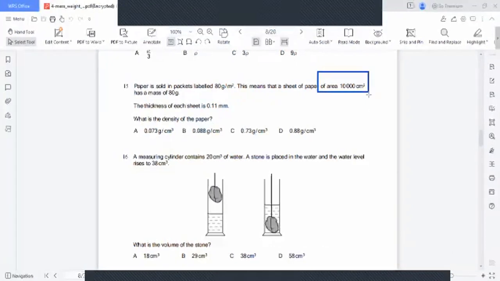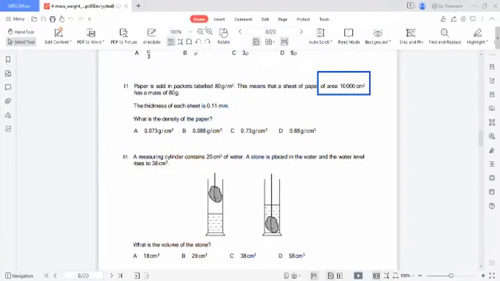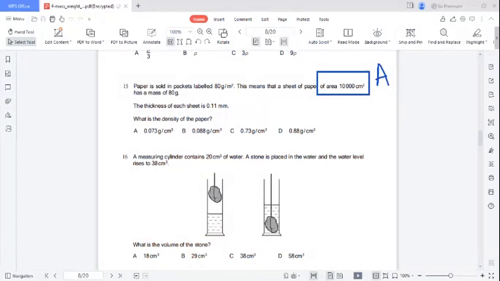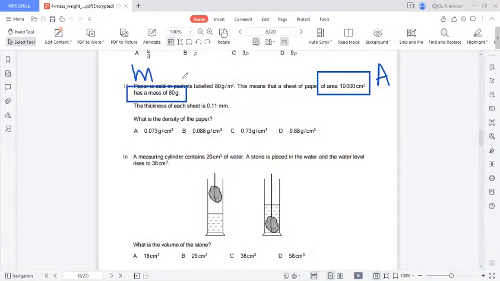So we know that now this is our area. This is area and the mass. This is mass. Area and mass.